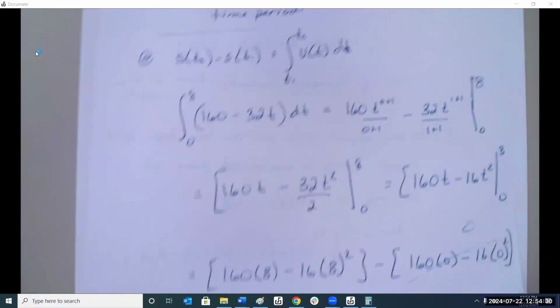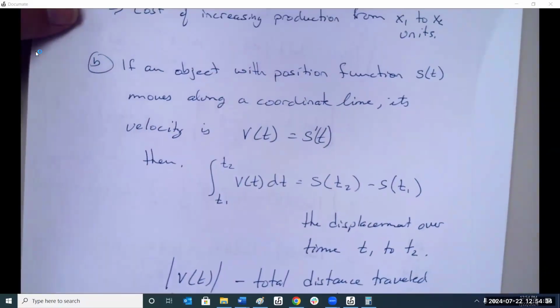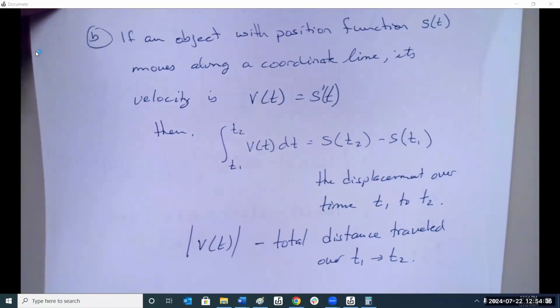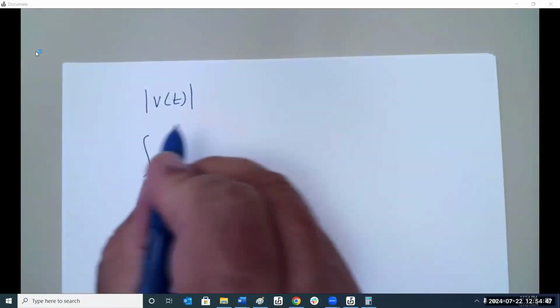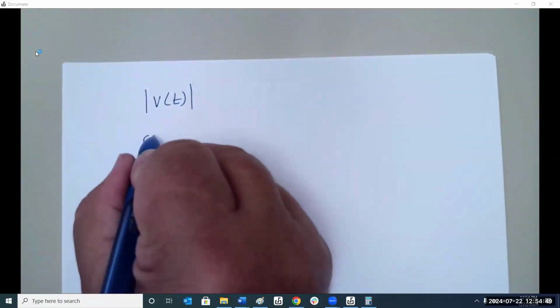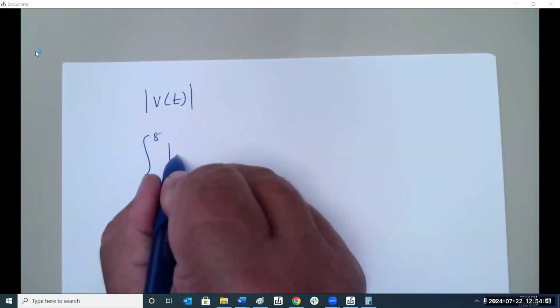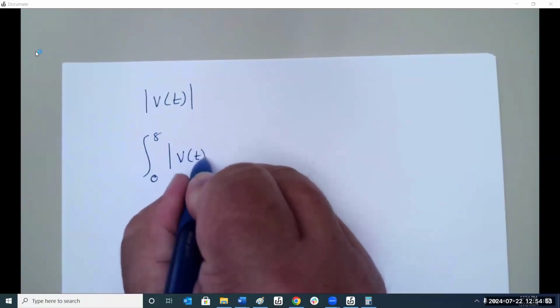Now, part 2 says find the total distance traveled. The total distance traveled was the absolute value of the velocity. So we have to take the integral from 0 to 8 of the absolute value of the velocity.